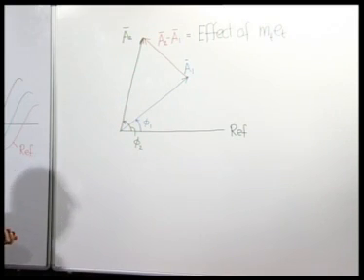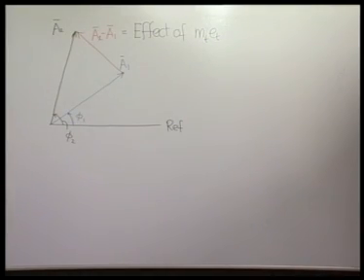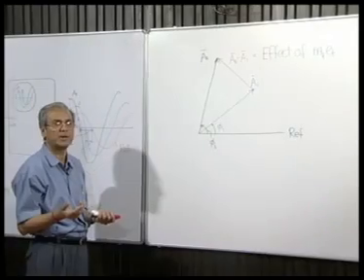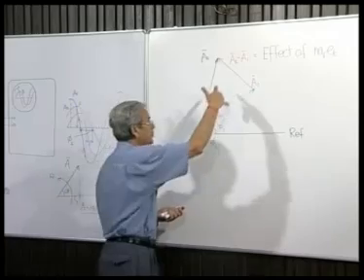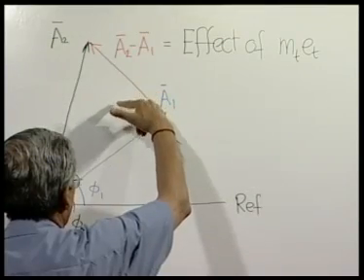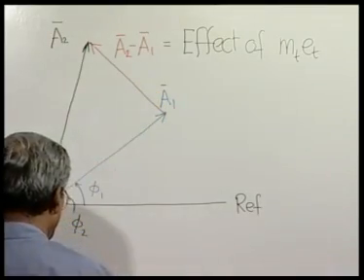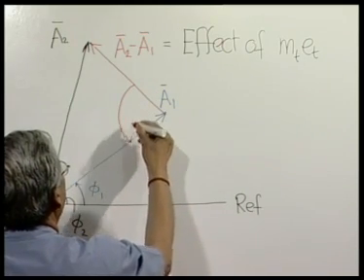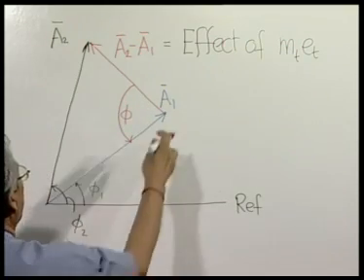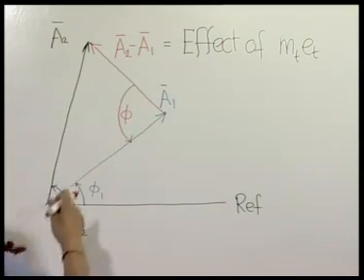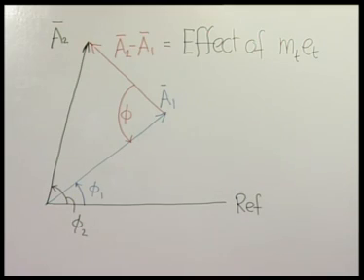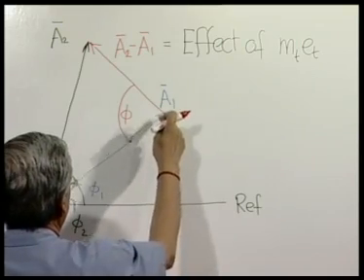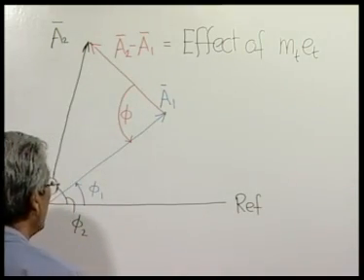So, now where to put our balancing mass, so that the vibration which is produced by its original unbalance is completely gone? Now, you can see that if we rotate this effect of m_t e_t in this direction by this angle phi, so that it matches with the original vibration's direction, this vector, and its magnitude is increased or changed in such a manner that this length and this length are equal, then what will happen?